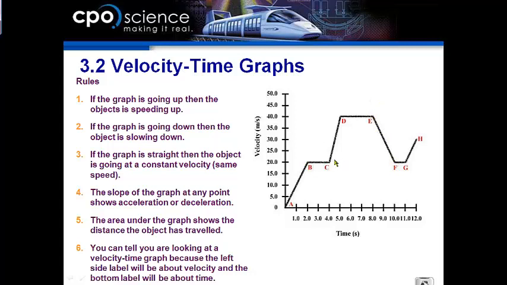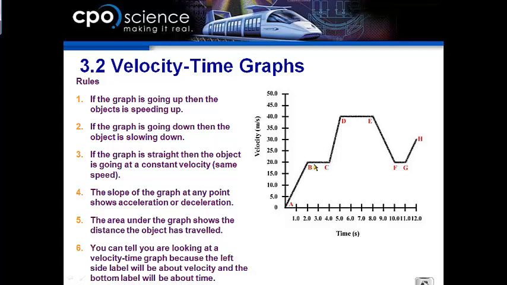Okay? If the graph on a velocity time graph goes straight across, it means that this object is going a constant velocity, or the same speed all the way across. So between B and C, this object is going the same speed. It's going 20 meters per second between B and C. It does not mean that the object is standing still.